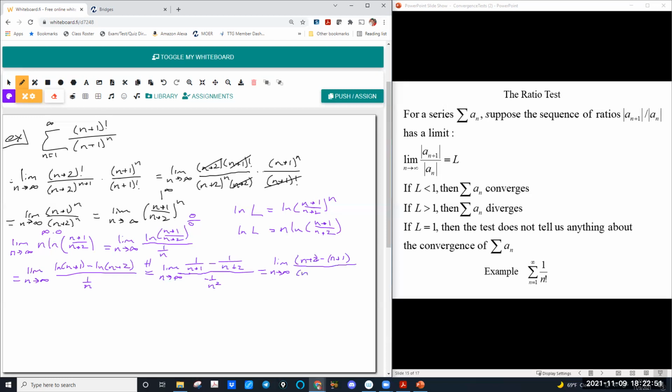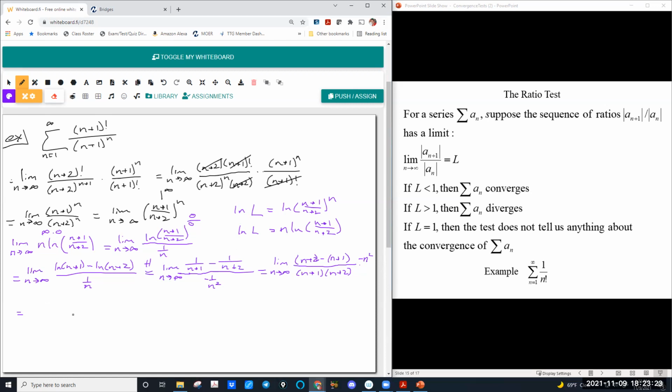So that's just adding those two fractions, n plus 1 times n plus 2. Find the common denominator, subtract the two fractions. And instead of dividing by 1 over n squared, let's just multiply by negative n squared. We don't need to keep the negative because we're going to be doing absolute value. Equals, actually, we do need to keep the negative because we're doing ln.